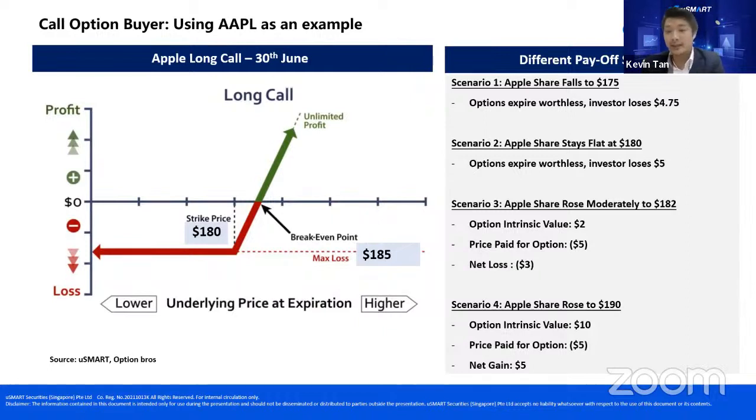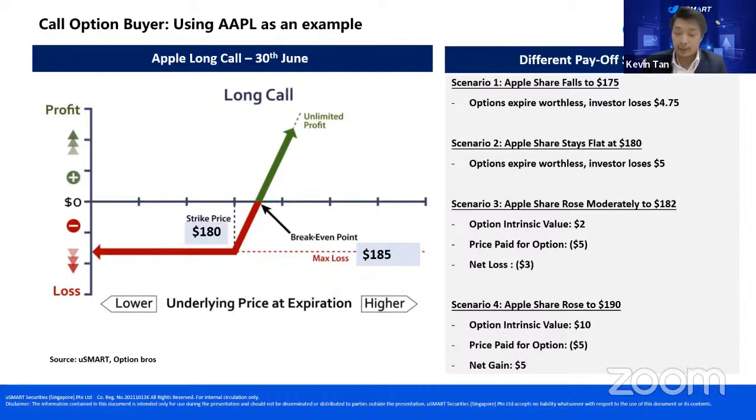And given the fact that you actually pay $5 per option, you will actually have a net loss of $3 per share. Okay. And the last scenario is the most favorable scenario, which is what is the value of your option if Apple share rose to $190?